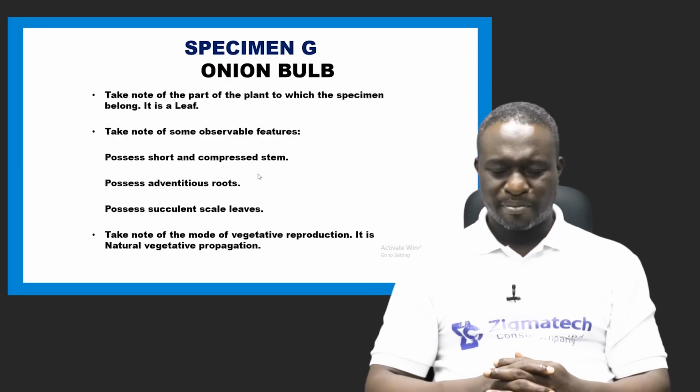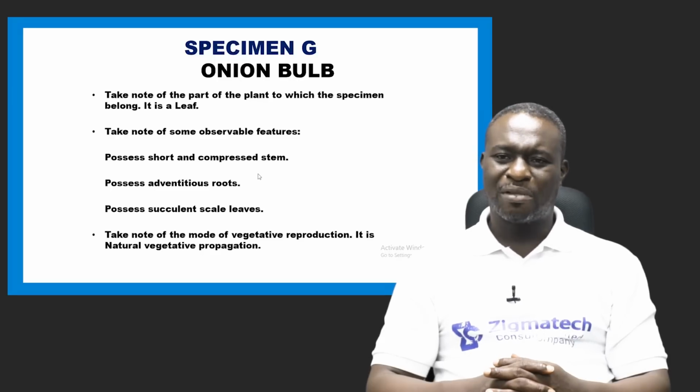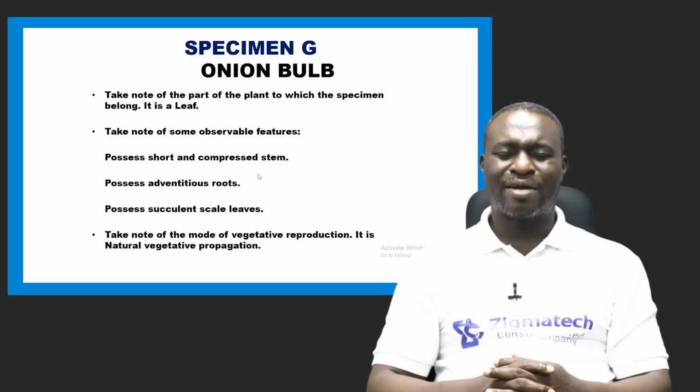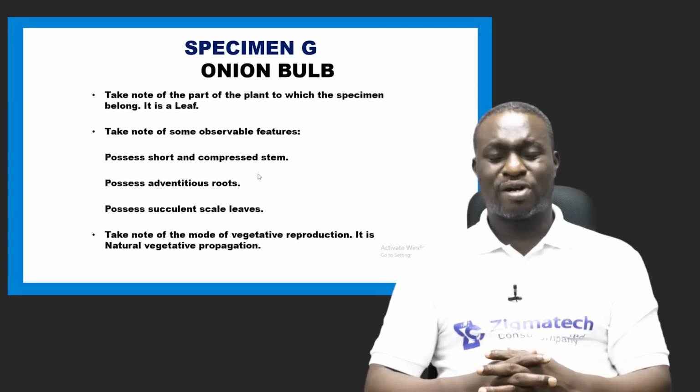Ginger is a stem. Onion bulb is a leaf. Also take note of some observable features in an onion bulb. One of them is that it possesses a short and compressed stem.